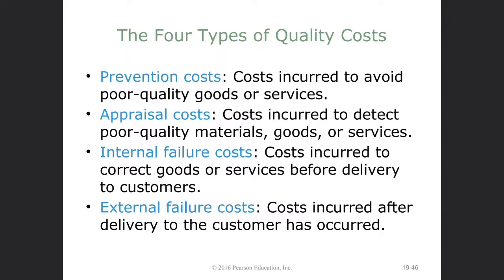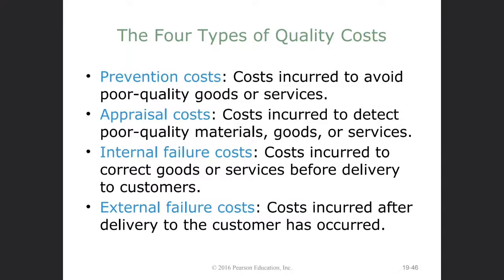We had testing as one of the locations for the product. So we put the product together, and then it went through testing to make sure that it's working properly, or if it's clothes, the sizes are correct, or the colors are right, or the tablets turn on. So internal failure costs are costs that are incurred to correct goods or services before they go out to the customer.